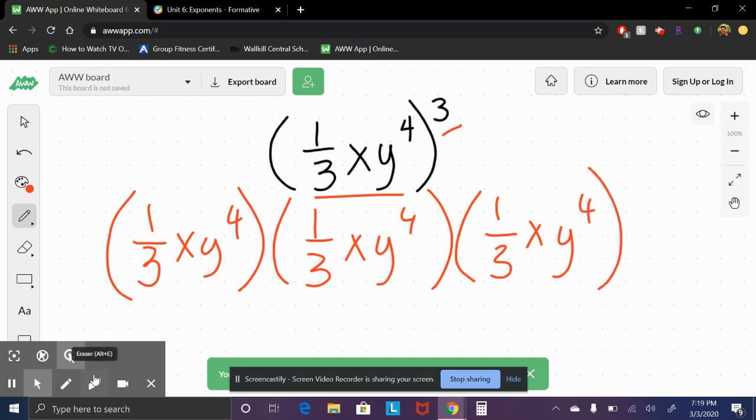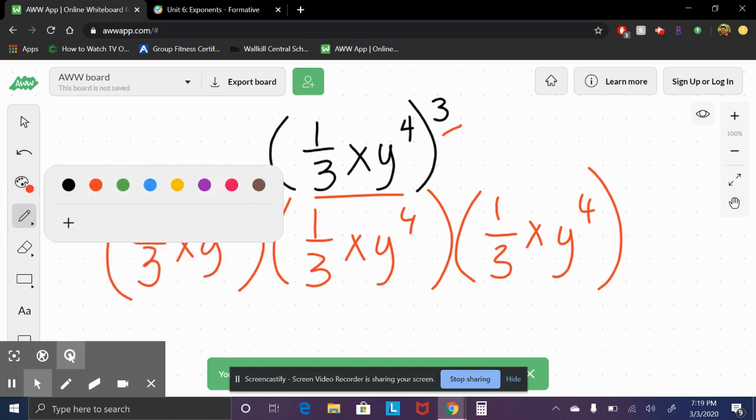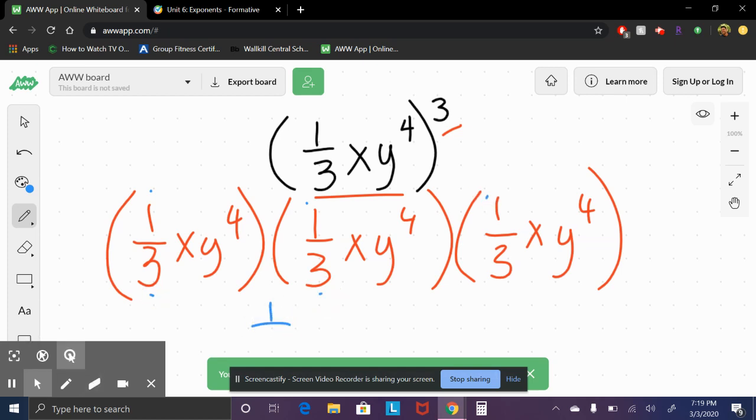Again, you can use your calculators to multiply 1/3 times 1/3 times 1/3, but here's an easier way to do it. You could probably do it in your head a lot quicker. You multiply the numerators together, so 1 times 1 times 1 is 1. 3 times 3 times 3 is 27. There's your fraction, your coefficient that goes out in front.